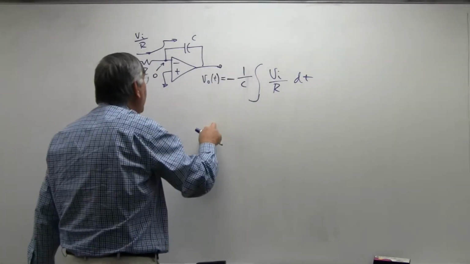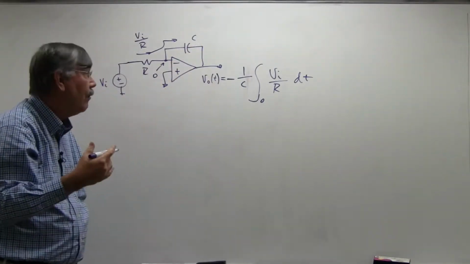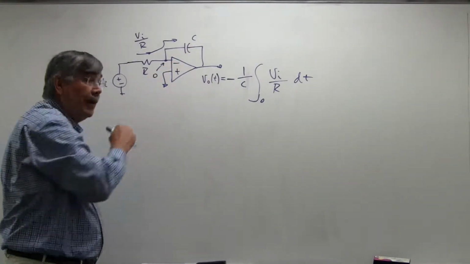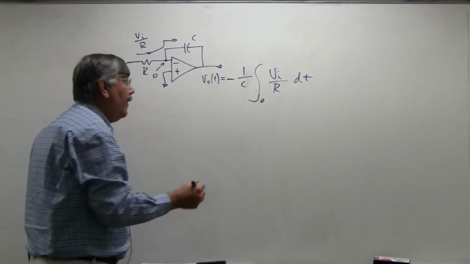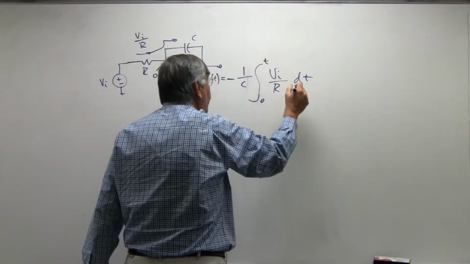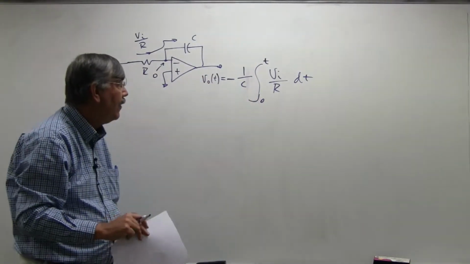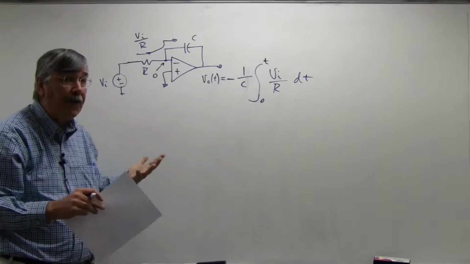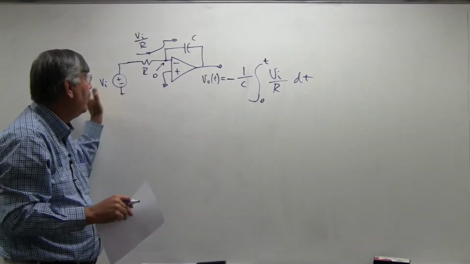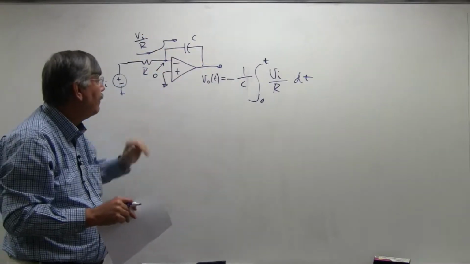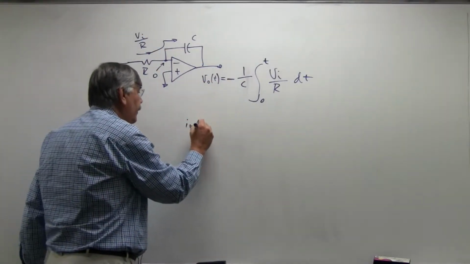Now the limits of the integral, I don't know what time t equals 0 was. What we really want is some time when the capacitor had no charge, so the output voltage was 0. And then this thing just goes as long as t wants to run. So V out of t is just given by this integral. Oh, so it's an integrator. It integrates everything, the voltage on the left-hand plate, and the right-hand plate changes to satisfy this equation. So this is an integrator.